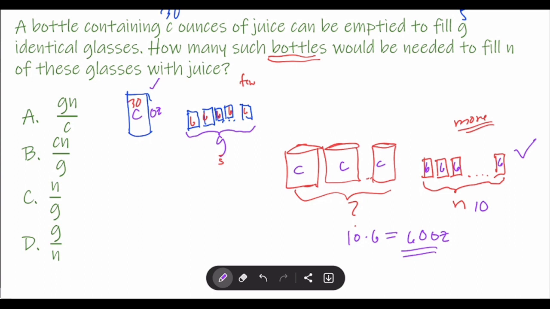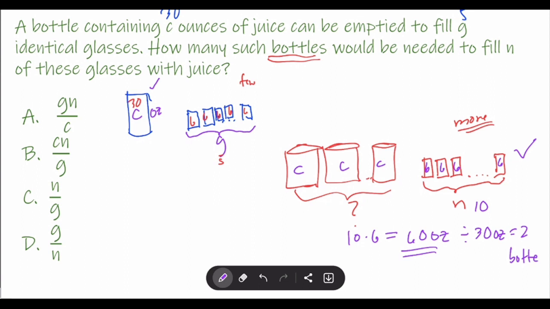So how do we get the number of bottles? You divide by how much it contains in every bottle. So for every bottle it's 30. So 60 divided by 30. So you only need 2 bottles. That's the answer if we put specific numbers.